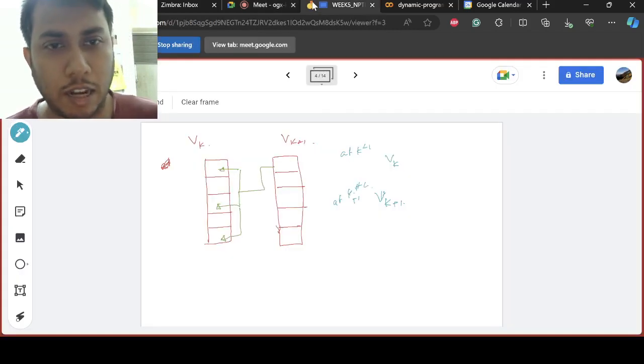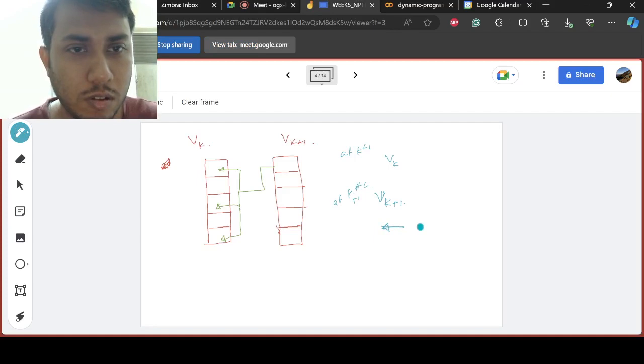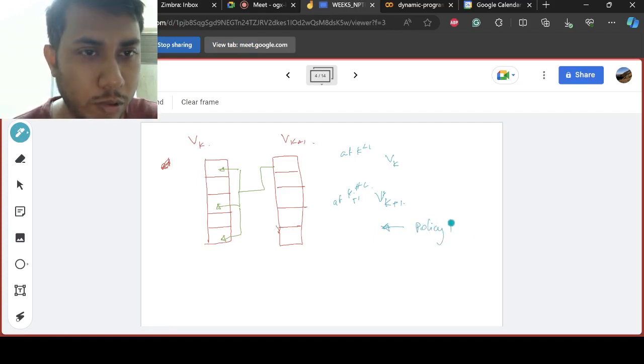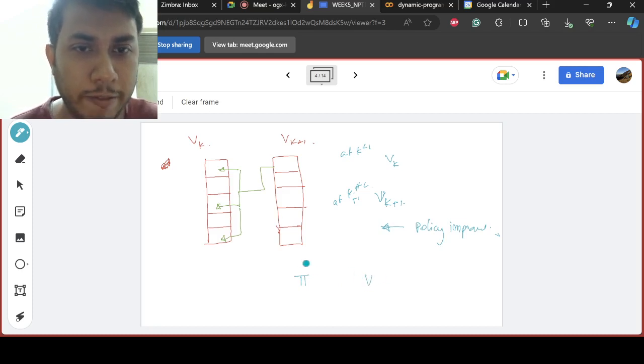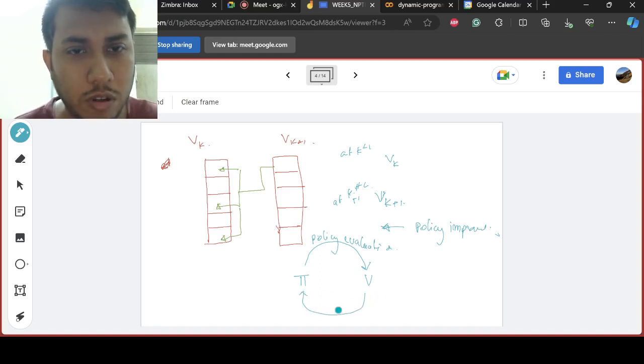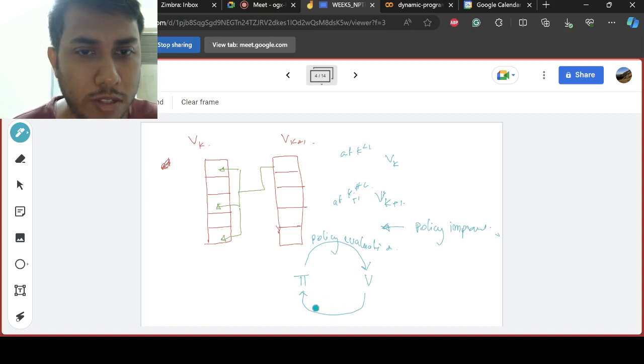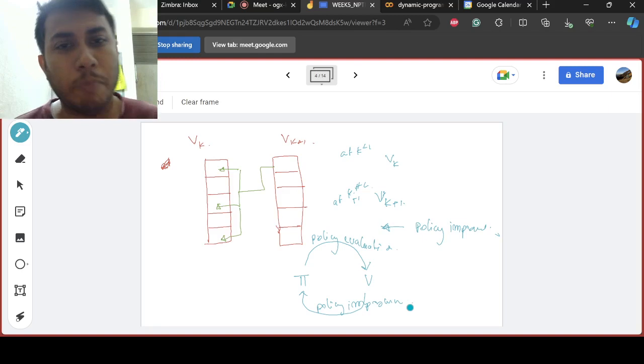And from here comes the term policy improvement. Suppose this is your pi and V: you will do policy evaluation to get the V, and then you will use this value that you have got, policy improvement, to get a new pi.